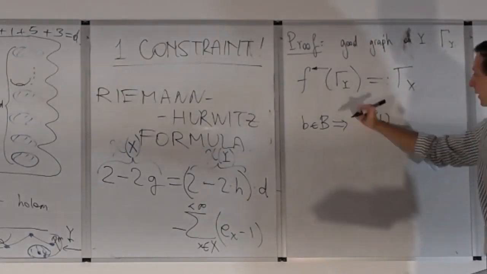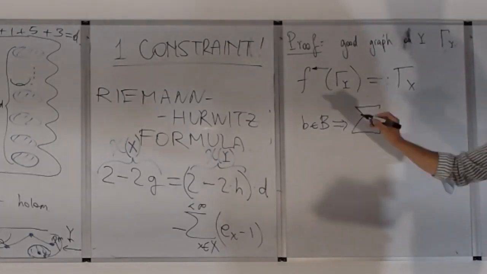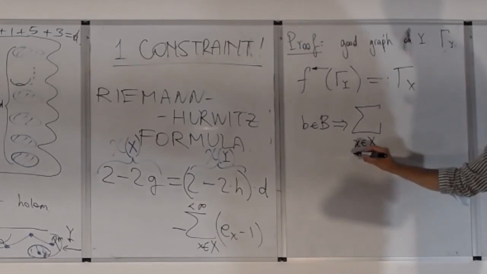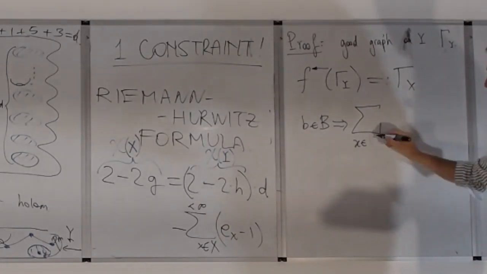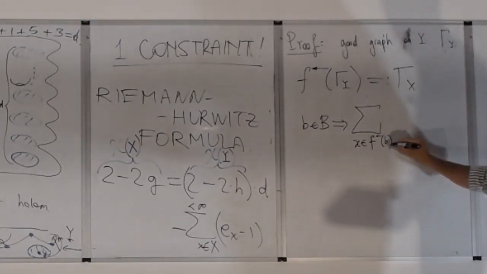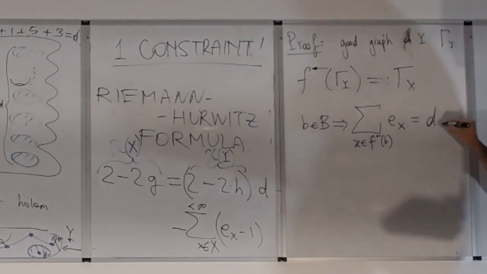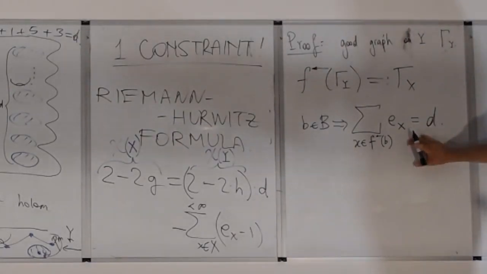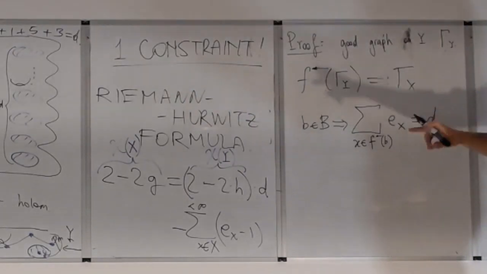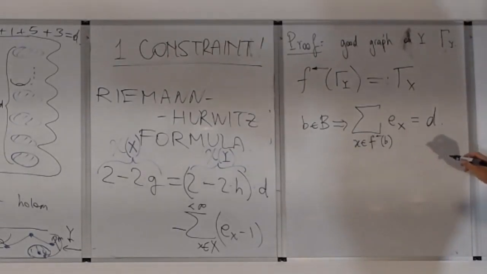Sorry, I don't want to write it like that. I want to write that if you take the sum over all points x in the preimage of b by f, and I take the sum of e_x, this is D. That's exactly what we've been saying so far. If I take the sum of all the exponents, that's D. We're convinced about this. So now let me do the small algebraic manipulation.